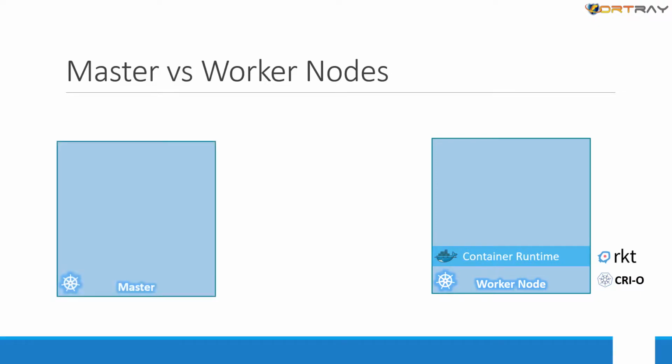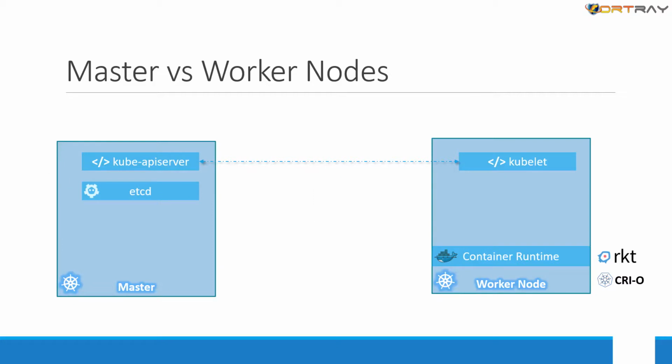The master server has the kube-apiserver, and that is what makes it a master. Similarly, the worker nodes have the kubelet agent that is responsible for interacting with the master to provide health information of the worker node and carry out actions requested by the master on the worker nodes. All the information gathered is stored in a key value store on the master.